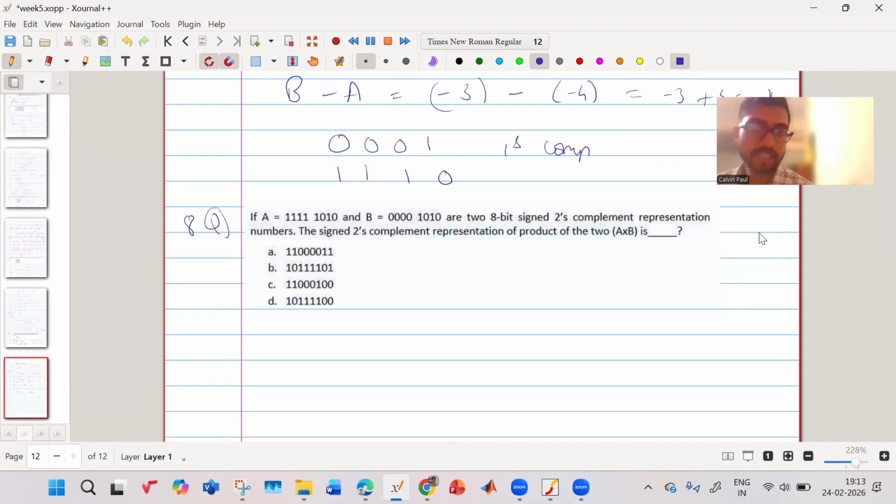So this is the number A, this is the number B. There are two 8-bit signed 2's complement representation numbers. We want to find the product of them and how do you represent it in 2's complement.